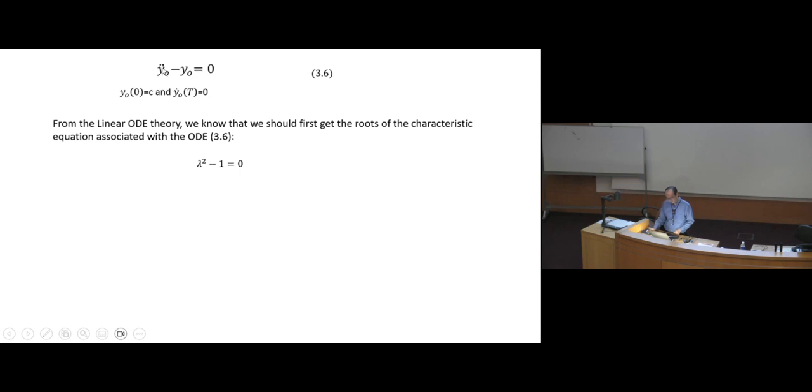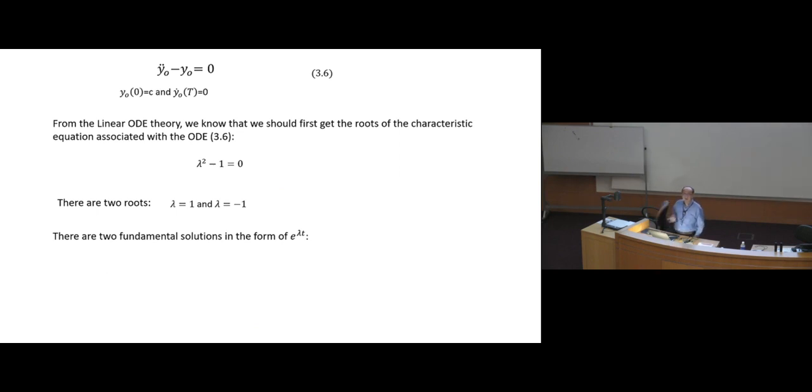Essentially, you put this double dot as a square, and the minus 1, and there are two roots, 1 and minus 1. Then there are fundamental solutions in exponential form. Of course, like I said, this is from the theory of ordinary linear differential equations.